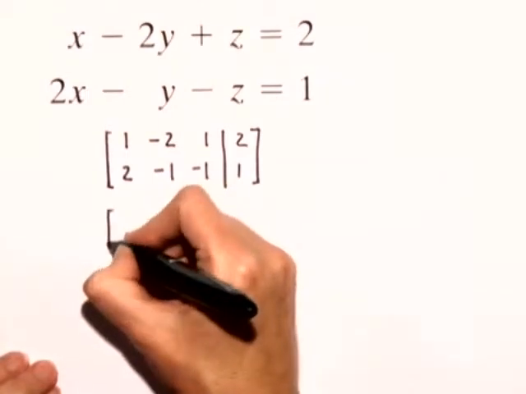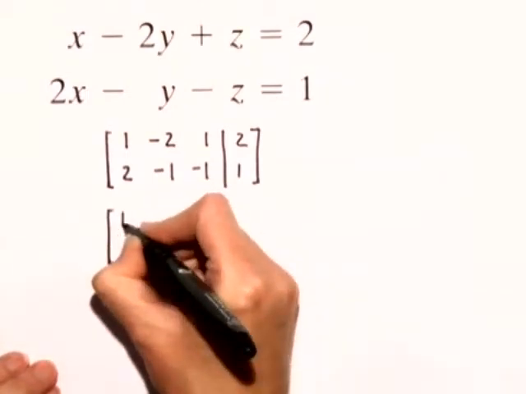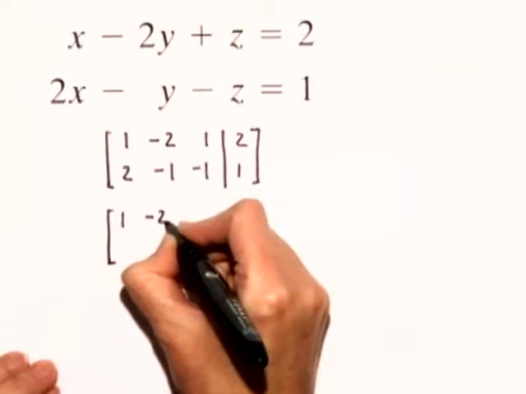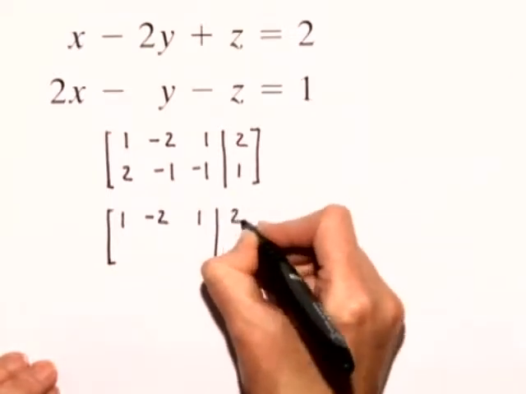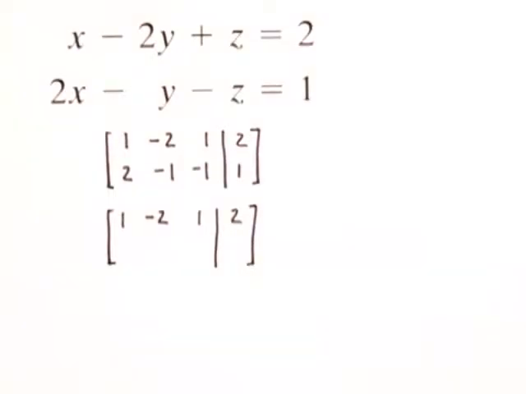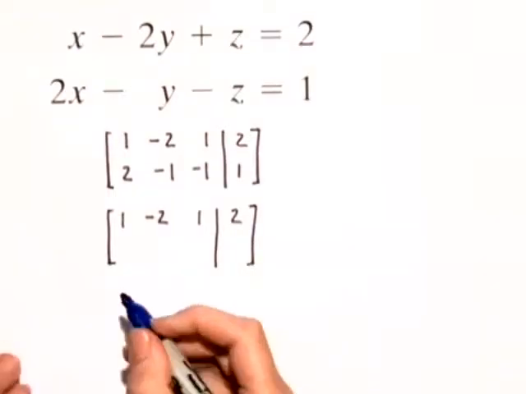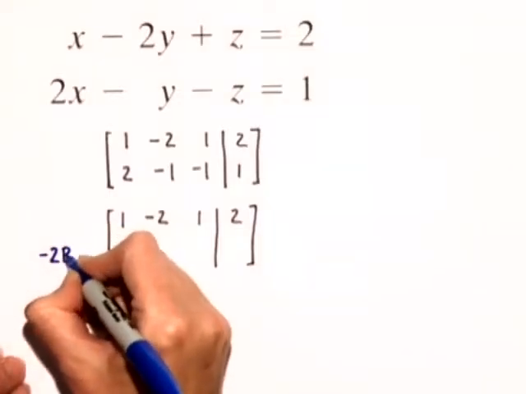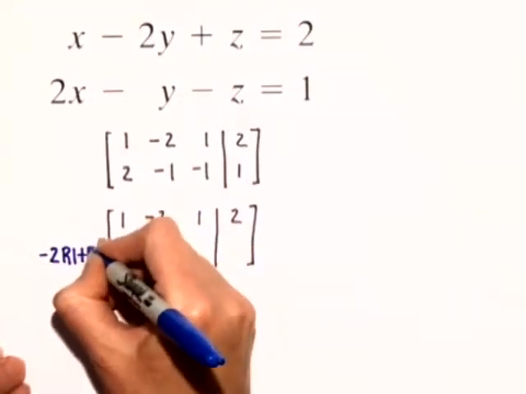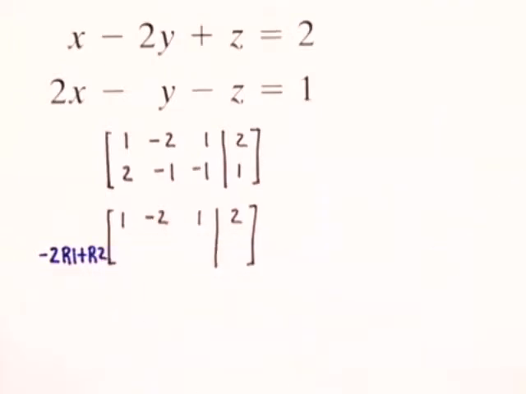Remember, as I perform this operation, I'm not changing row 1. Row 1 stays the same: 1, -2, 1, 2. What I am changing are the elements in row 2. I'm taking -2 times row 1 and I'm adding it to row 2.